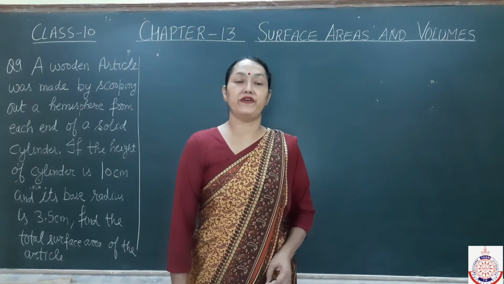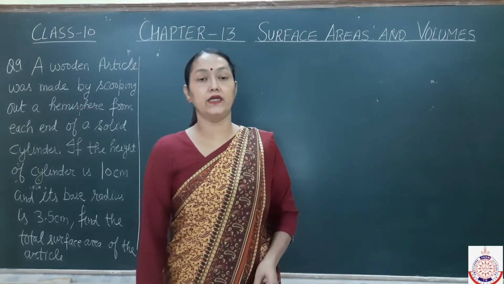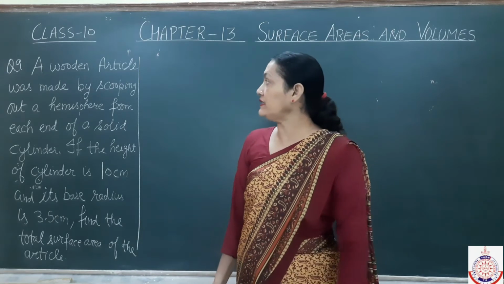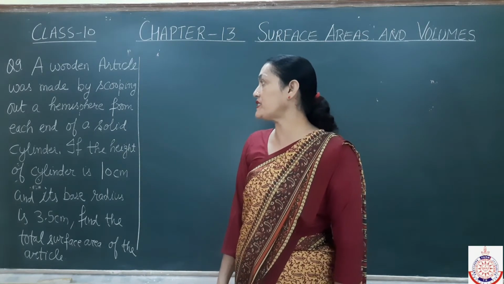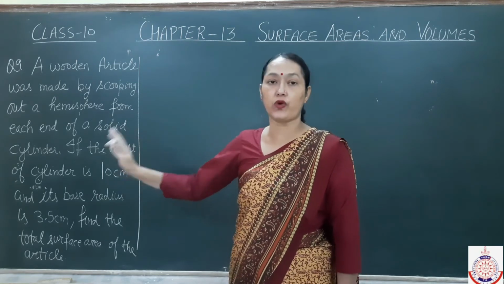After question number 7, I am doing question number 9. In this question they have given that a wooden article was made by scooping out a hemisphere from each end of a solid cylinder.